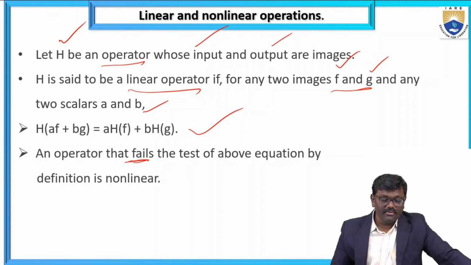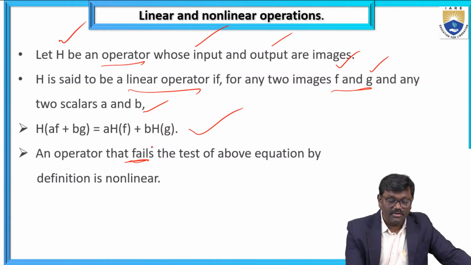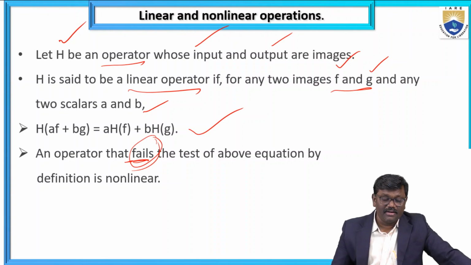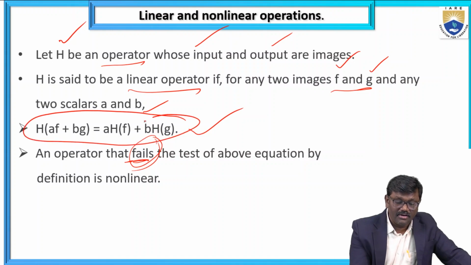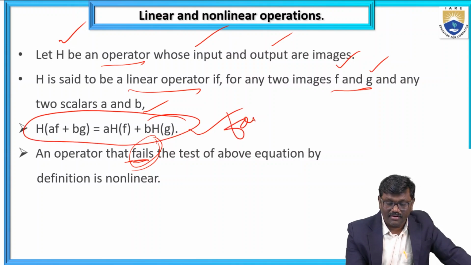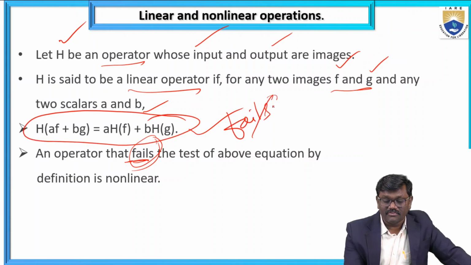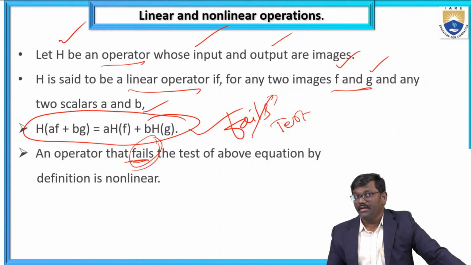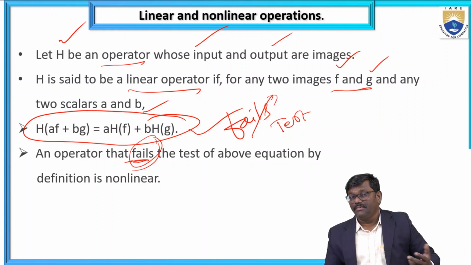So we use such a process: if an operator fails the test of the above equation, whenever this test fails, what do we call as test? This operator, with the help of the process between two images.